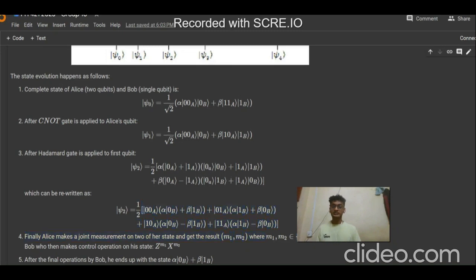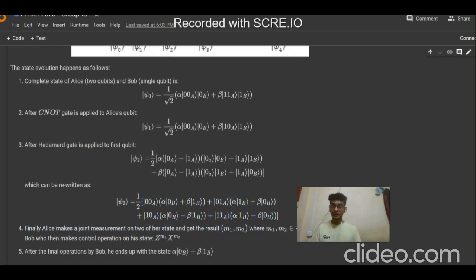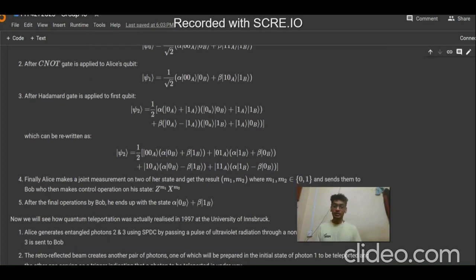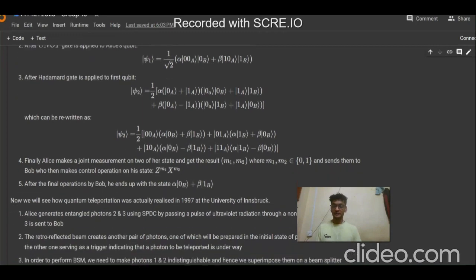And finally, after Alice makes her measurements, depending on whether she gets 0 or 1 for the two qubits, she sends that information to Bob in the form of M1 and M2. Bob then performs the operations Z^M1 and X^M2 on his qubit. Here, Z^M1 basically means that he performs operation Z when M1 is 1, that is, when Alice's qubit collapses to state 1, and Z^0 means he performs nothing. And finally, Bob ends up with the state α|0> + β|1>.